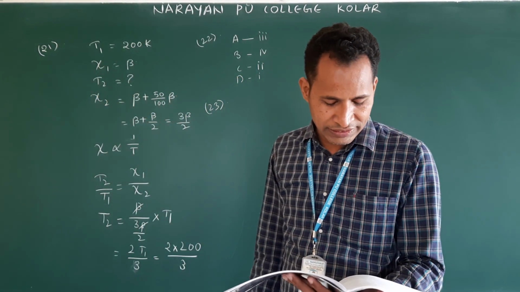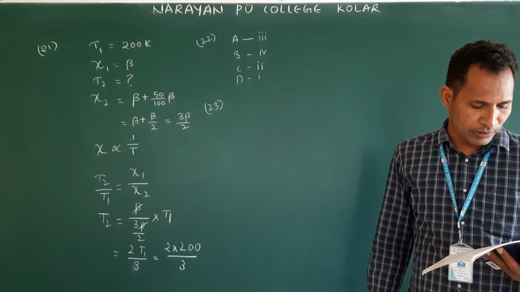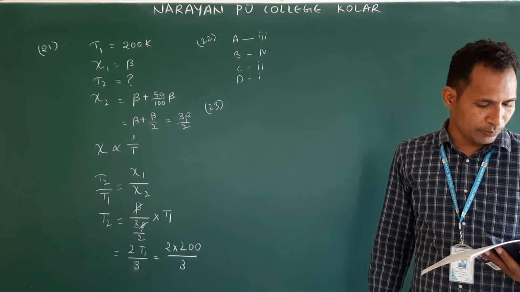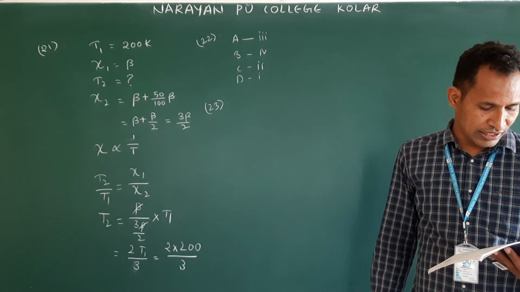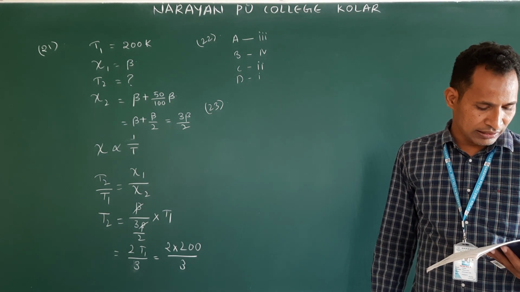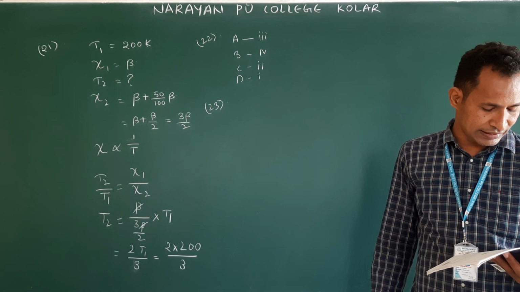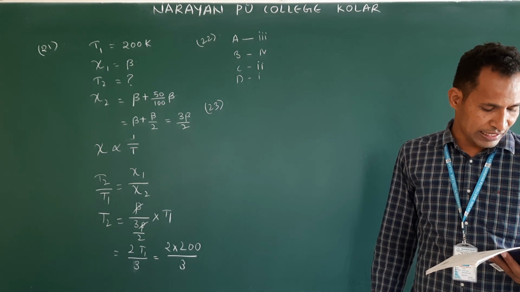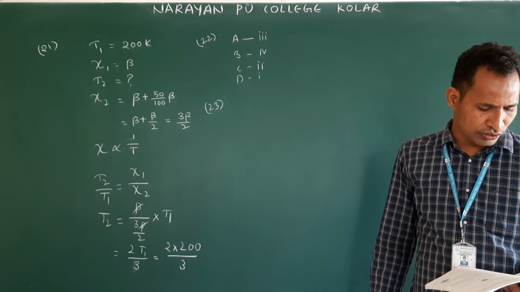24th. Which of the following is not correct? Soft iron is used for dynamo and transformer, whereas steel is used in making permanent magnets. Correct. Soft iron can be magnetized and demagnetized easily, whereas steel cannot be magnetized or demagnetized easily. Yes, correct. Soft iron has less retentivity and coercive force, whereas steel has more retentivity and coercive force.